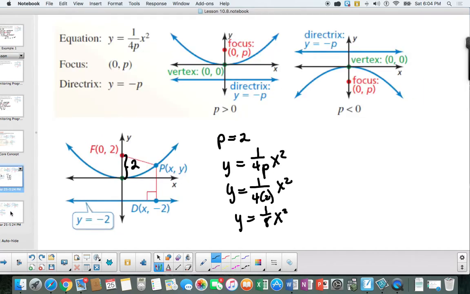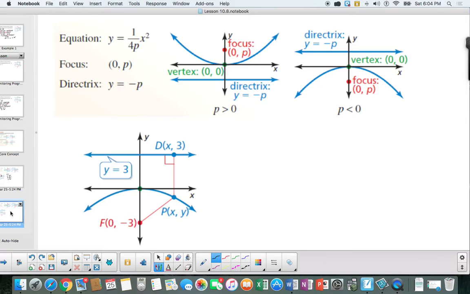Okay, now I'm going to go to the next problem. This is the other one that I did, and let's go ahead and see if we can find the equation without going through the distance formula. Now the first thing I want to do is examine what p is. p is always the distance from the focus to the vertex. Since it's going down, this is going to be a -3. So I know immediately p is equal to -3. And then I write down this equation, y is equal to 1 over 4p x squared.